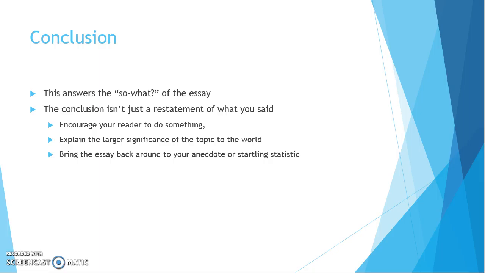So if "85% of all statistics are made up" is your hook, then you might use your conclusion to say that though it's true that 85% of statistics are made up, the 73% of statistics that I used here were actually cited and sourced. I don't know if that's true, but I made that up. So you can use your conclusion to bring your essay full circle. And frankly, that's what it's supposed to do.